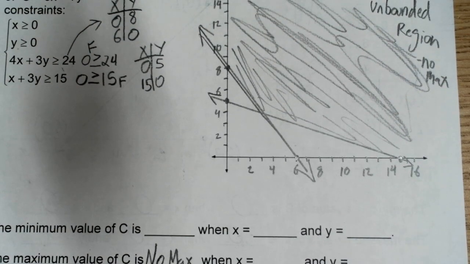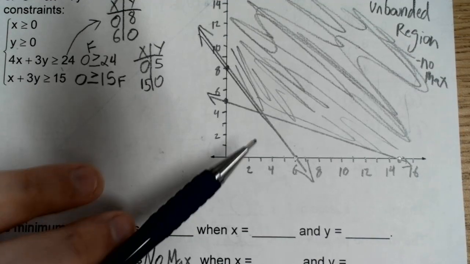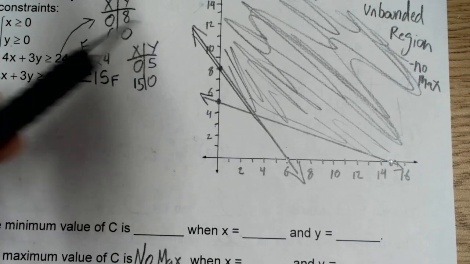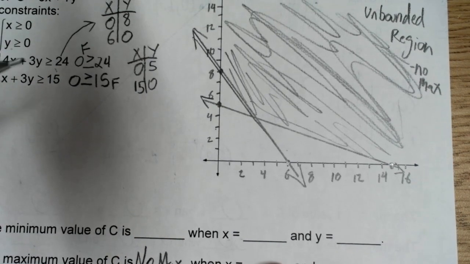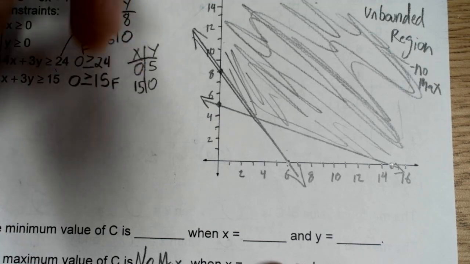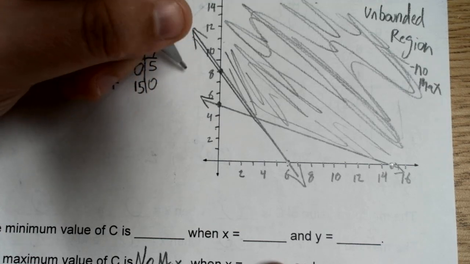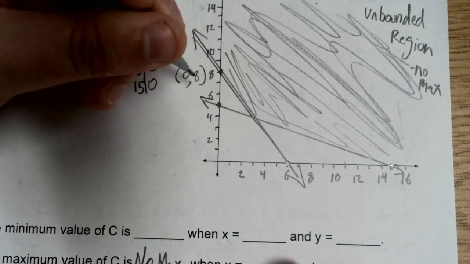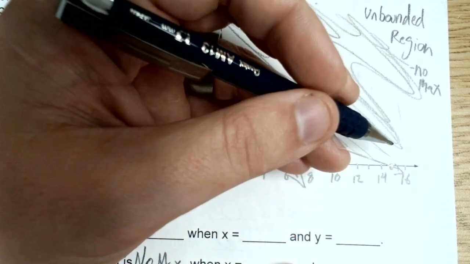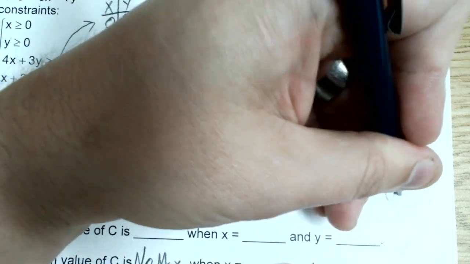Then the last thing I've got to do is test my corners. Looking at this, I know I've got a corner here of 0, 8. And then I've got a corner over here that is 15, 0.